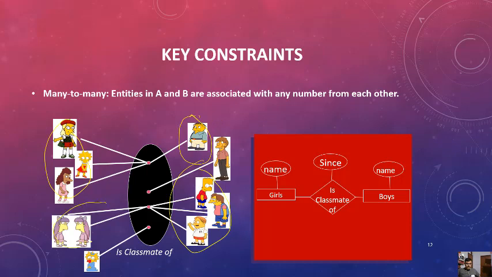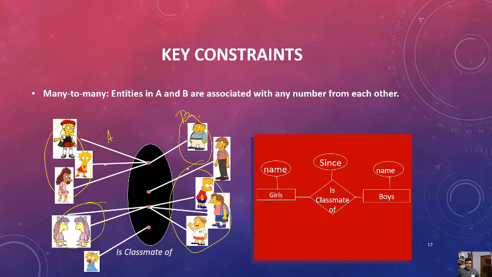That means many entities of set A may be associated with many entities of set B, and vice versa.